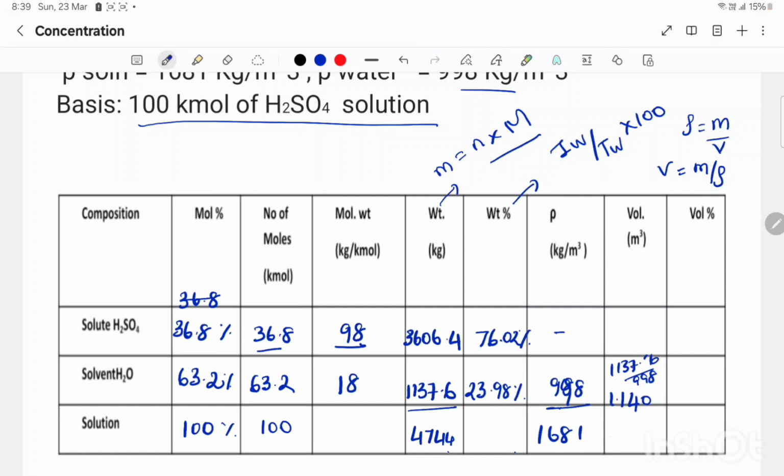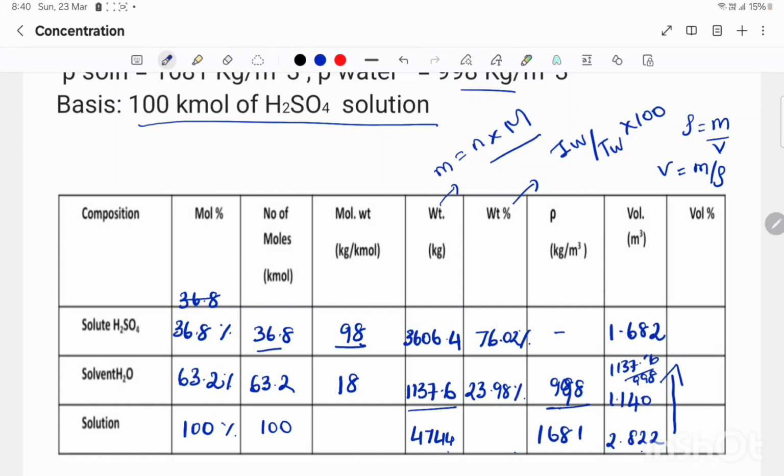And for the solution, 4744 divided by 1681 gives 2.822. So we know the total volume and the volume of the solvent. The volume of the solute is the total minus the volume of the solvent: 2.822 minus 1.140 gives 1.682.